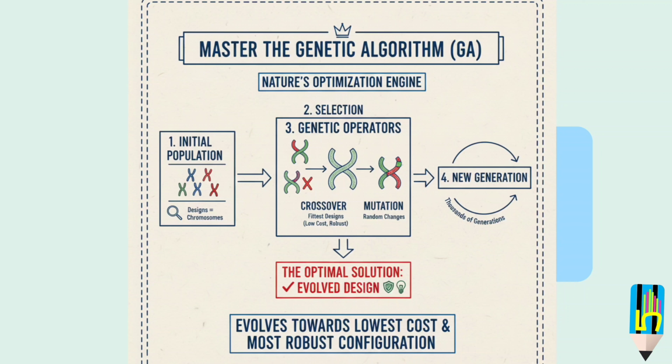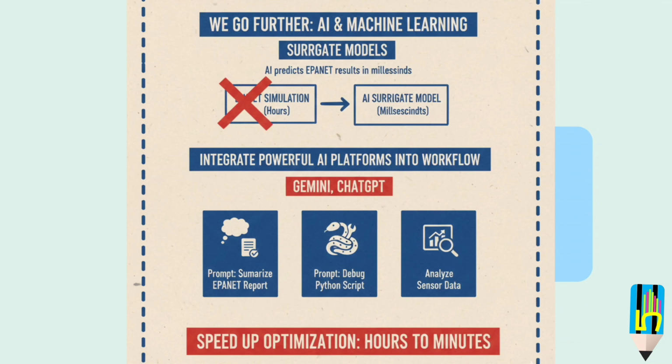And it's not just about the genetic algorithm. We will also use machine learning to create surrogate models using AI to predict EPANET results or WaterGEMS results in fractions of seconds, speeding up our optimization from hours to minutes.